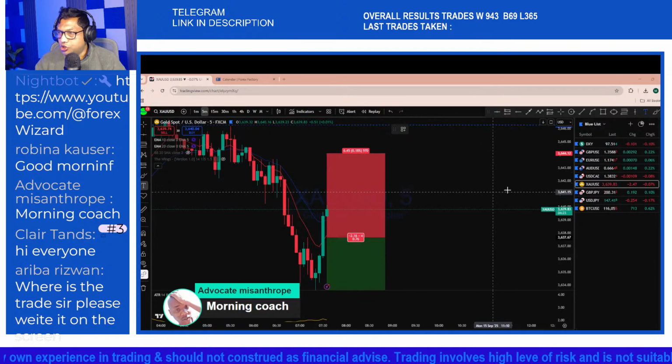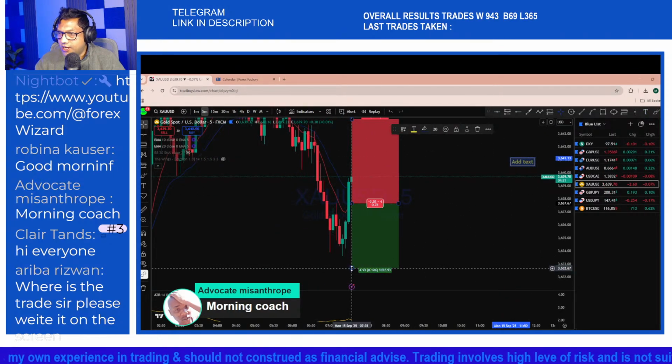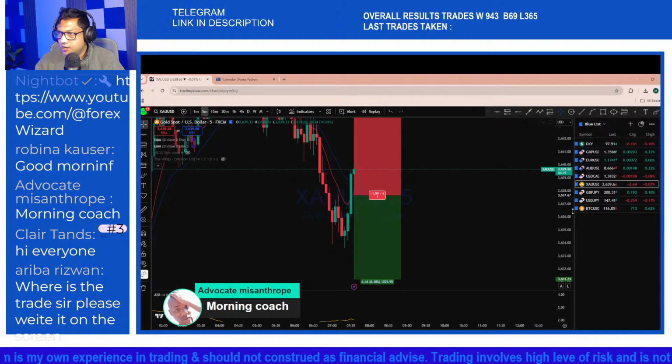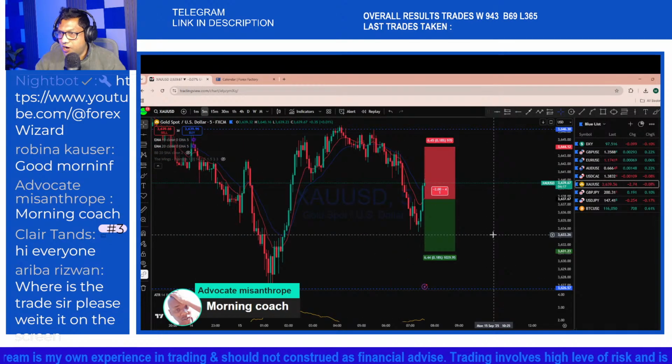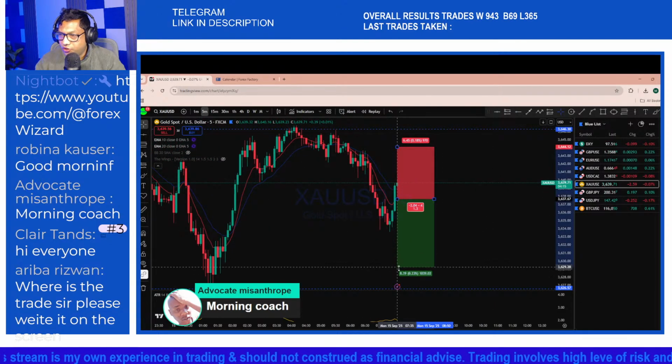So my stop loss here at 3644.12. We can adjust the TP target accordingly. First, we'd like to see the market getting that reaction back below first.